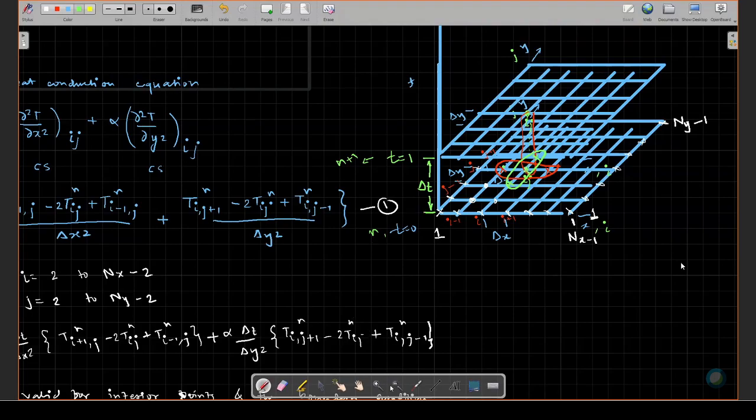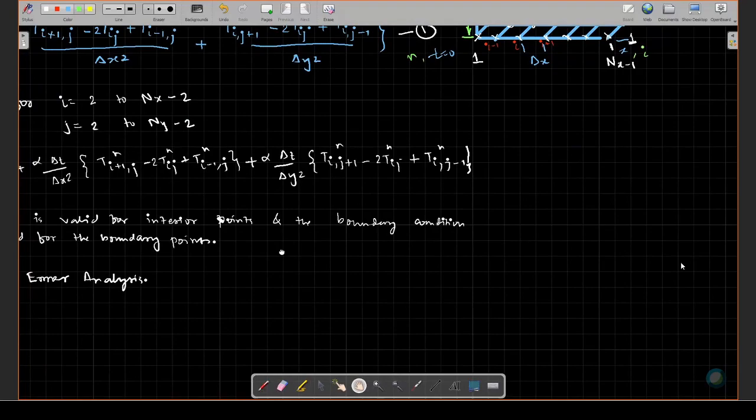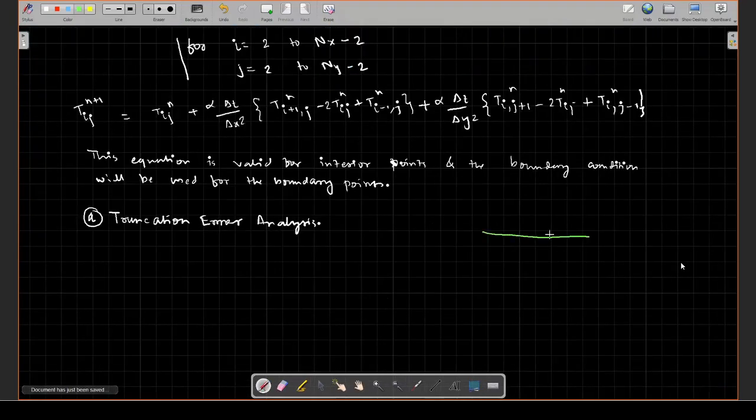Using Taylor series, you have to understand this, because many students were not able to do it when it was asked in an exam. Some points were given like i plus 1 and i minus 1, and the deltas were given as delta x w and delta x. Many students were not able to do this, because they might not be following the basics of Taylor series formulation; they might have just copied from something.